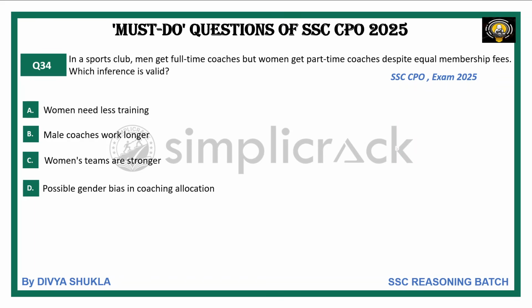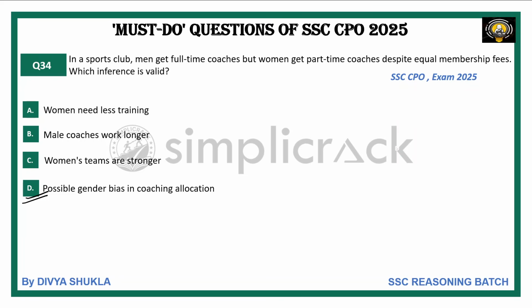The men get a full time coach, but women get a part time coach despite the equal membership fees. So what can be the possible reason? The correct answer would be possible gender bias in the coaching allocation, because membership fees are equal. Okay, and that means there is a gender bias. I hope this question is clear to all of you.